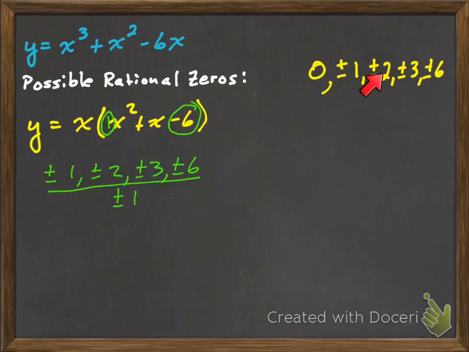Now, these are the possible rational zeros. We do know that 0 is actually one of our zeros. So we would really only need to do the synthetic division with the remaining values over here to find out where the other zeros are for this polynomial.